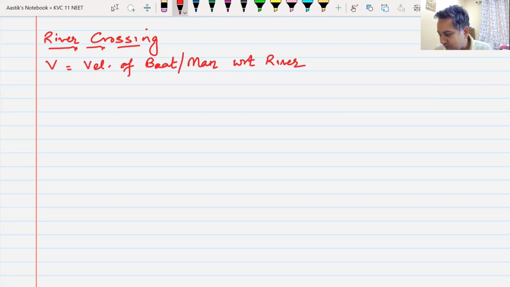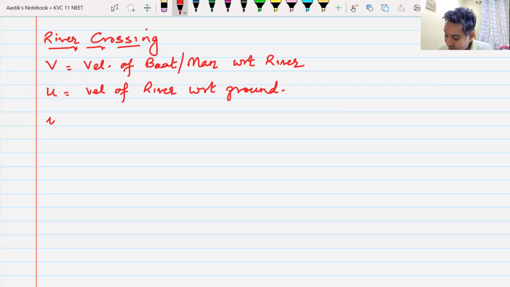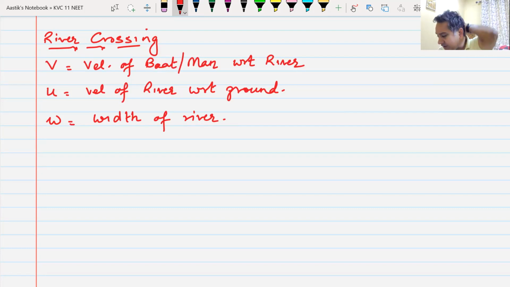That will be the first thing given to us. Then we will be given the velocity of river with respect to ground, and W, the width of the river. So these three things will be given to us, and probably we will be asked to find out how much time it takes and where he lands up.